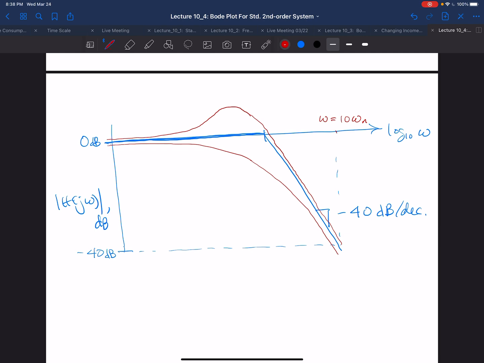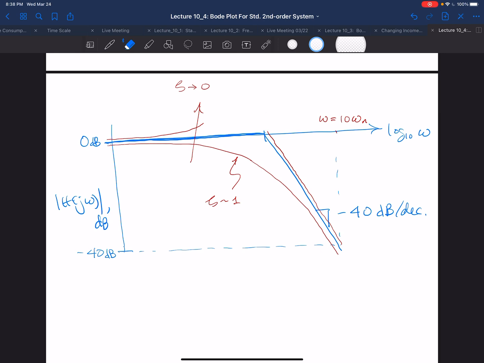So this is for, say, zeta approximately 1, and then as zeta approaches 0, you can get a curve that looks like this, that has a peak in it.